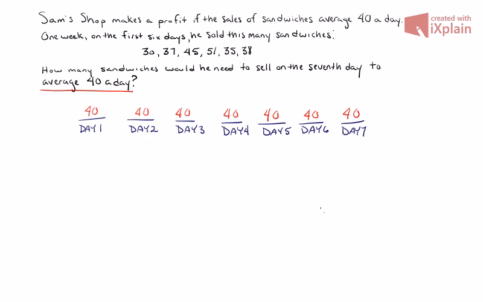So if we want to average 40 sandwiches a day, if we were to add all of those up, we're saying that we need to sell 280 total sandwiches in a week.